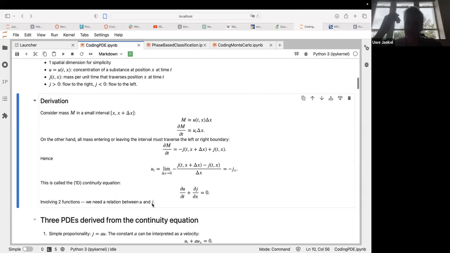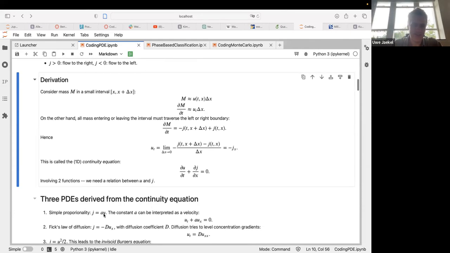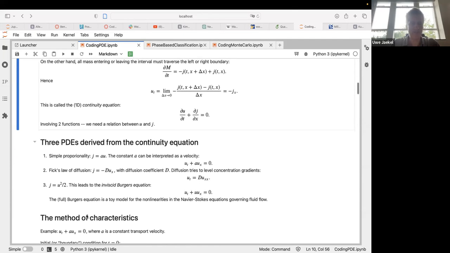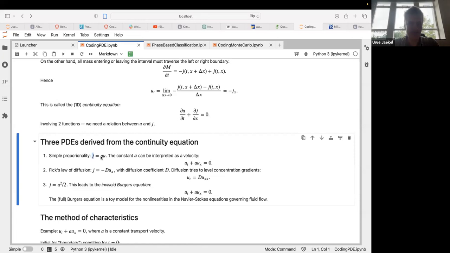The easiest thing we could think about is a simple proportionality between j and u. So the first possibility that we consider is that the flow is just proportional to the concentration.